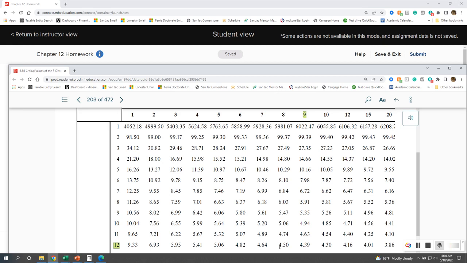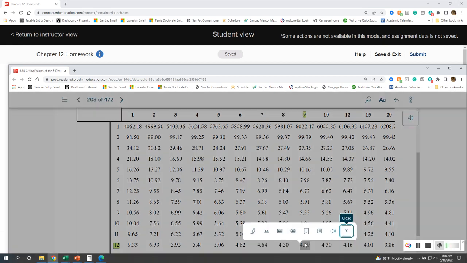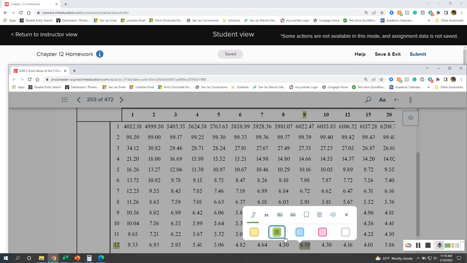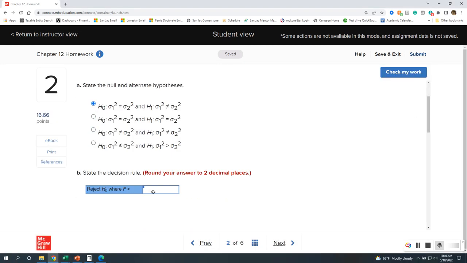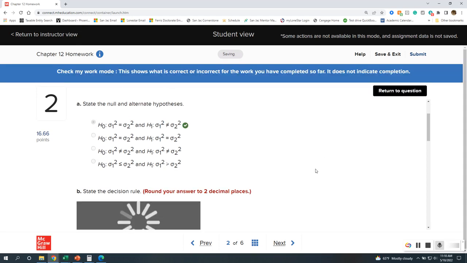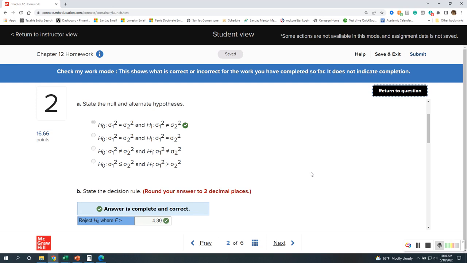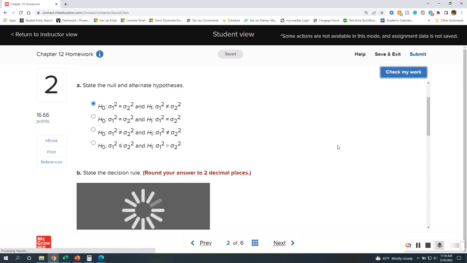Now find the cross, which looks like it's 4.39. So if it ends up being greater than 4.39, we know we go and reject, not fix it, sorry.